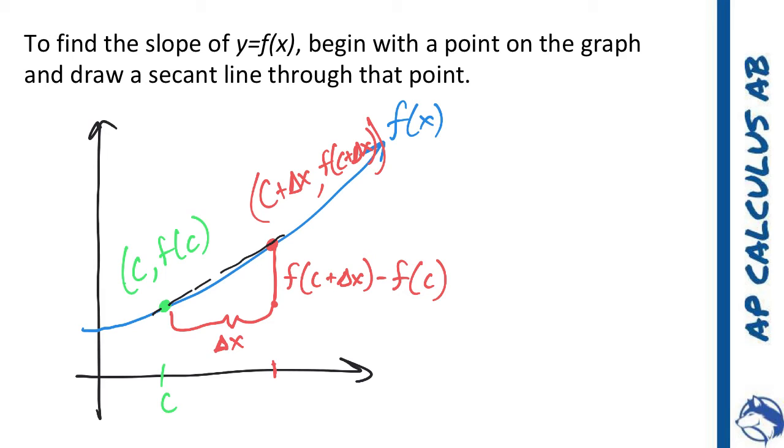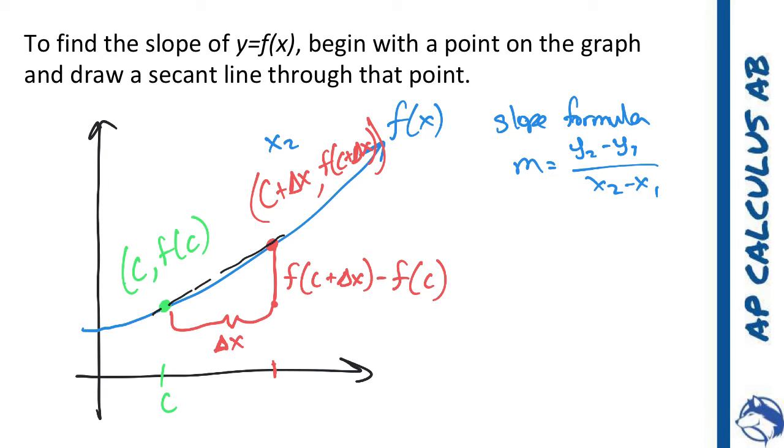So now we're going to use our slope formula. m is equal to y2 minus y1 over x2 minus x1. I'm just going to call this my x2, y2, and this is my x1, y1. So let's plug it in.